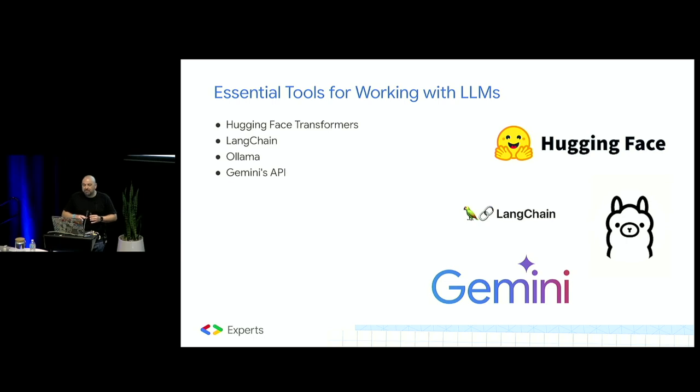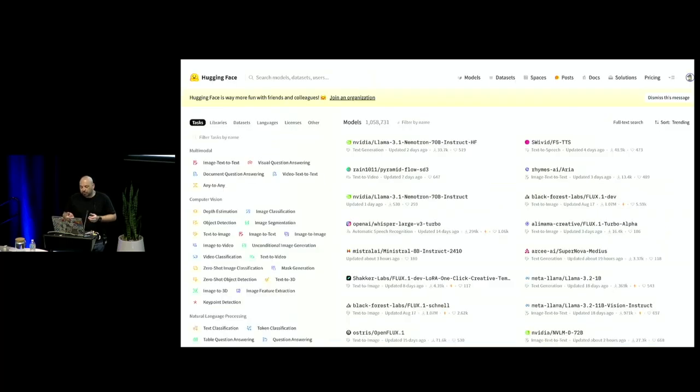Hugging Face is an incredibly popular open source library that provides a vast collection of pre-trained transformer models, now that we understand what they are, along with the tools to fine-tune and deploy them. It's a fantastic resource for getting started, so I would highly recommend it. Within Hugging Face there are 3 key components.